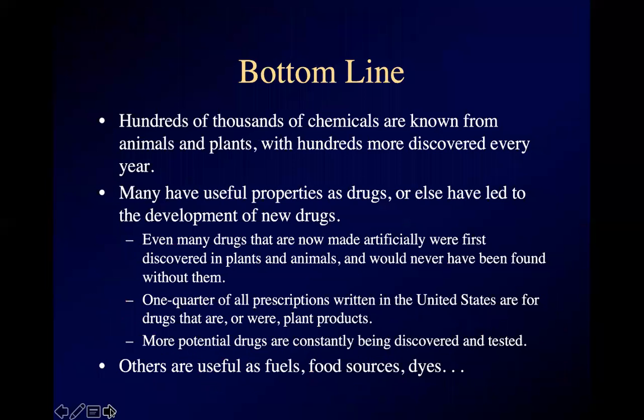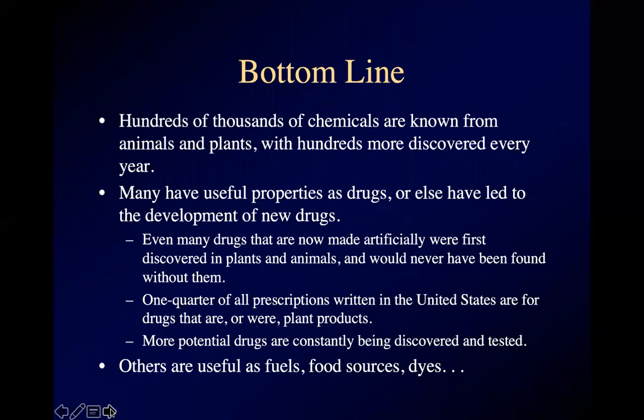We have hundreds of thousands of chemicals known from animals and plants. Many of them are useful as drugs. One quarter of all prescriptions written in the United States are for drugs that either are derived from plants or were originally discovered in plants.